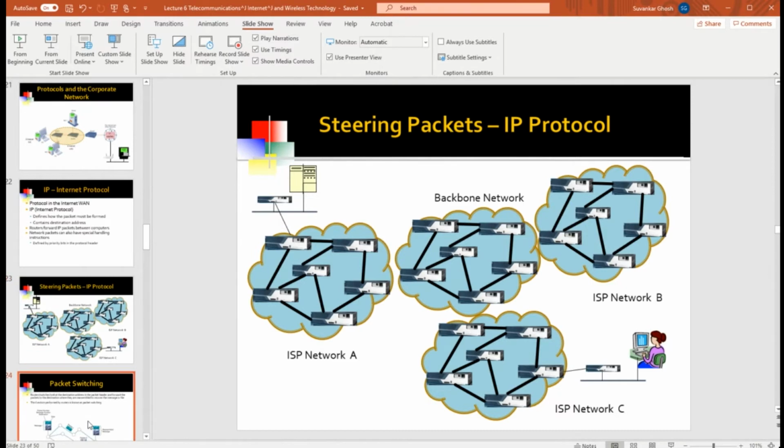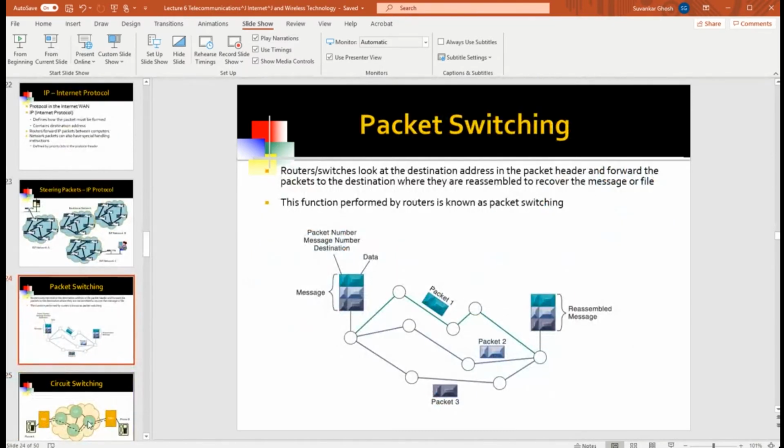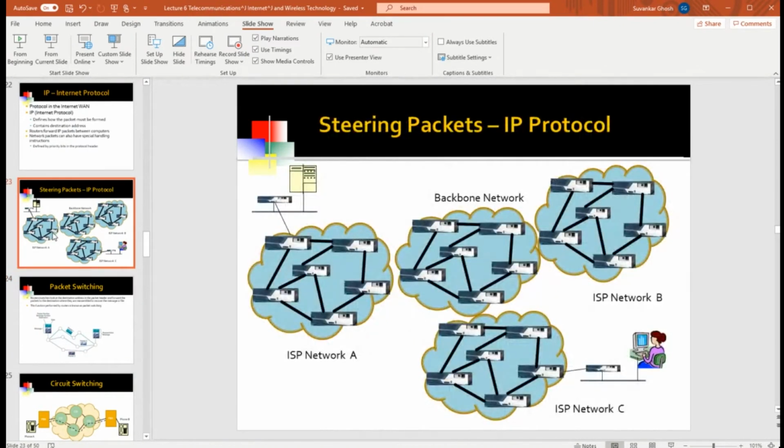And this architecture of the network is also known as packet switching. So the internet is also what's known as a packet switch network. The packet switching term comes from the fact that, as I mentioned, the file is not transmitted as the whole file in one shot. It's broken down into packets. So that's where the term packet arises from.